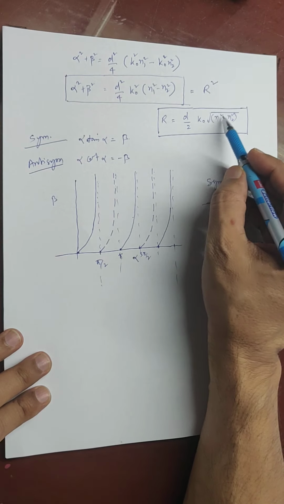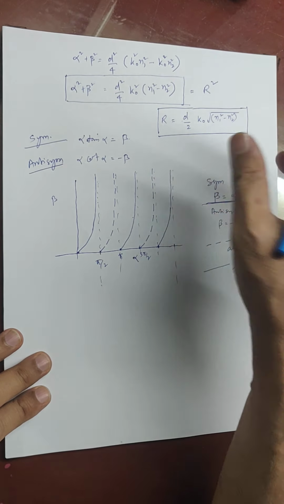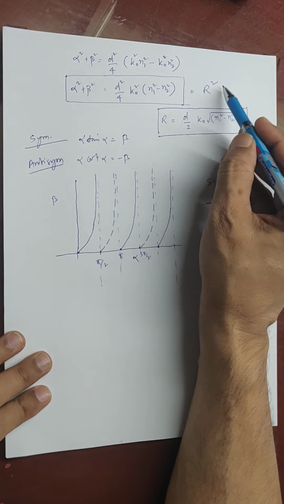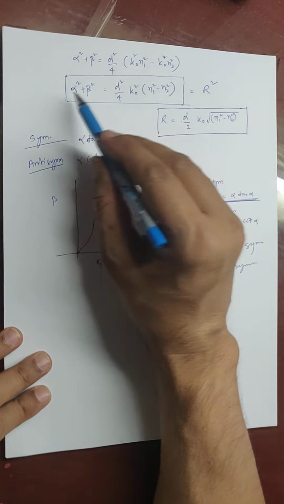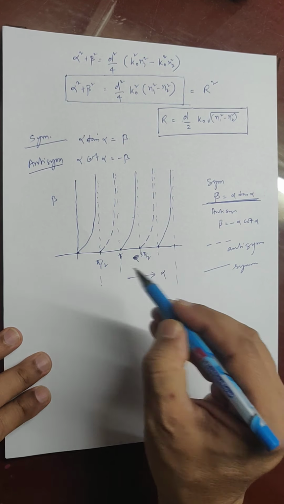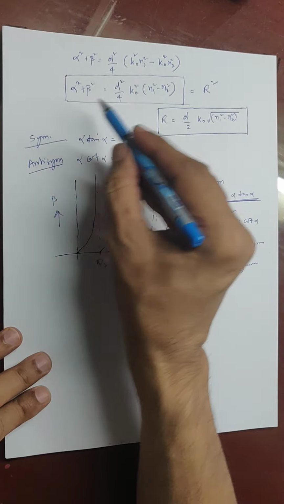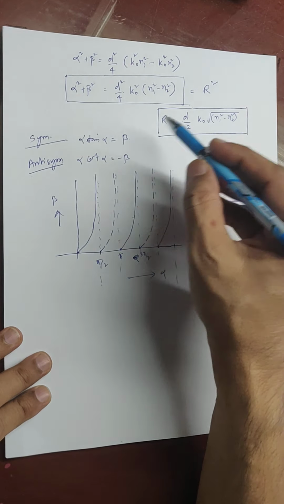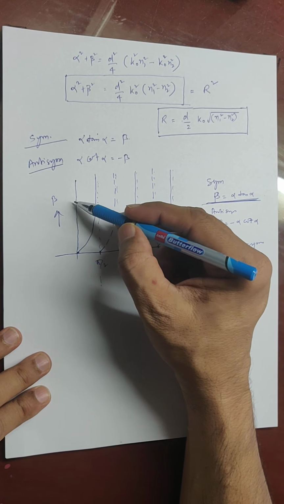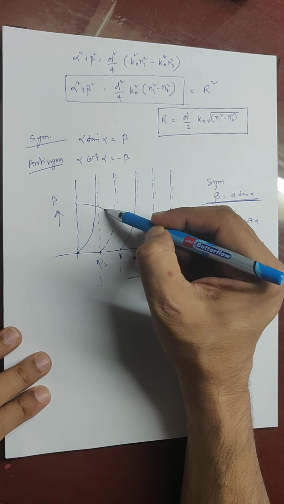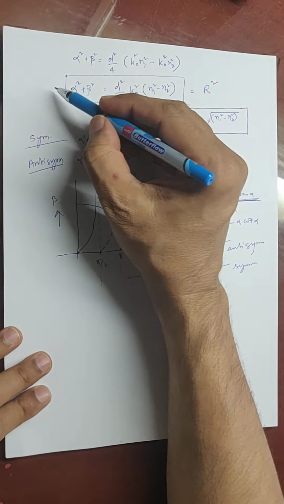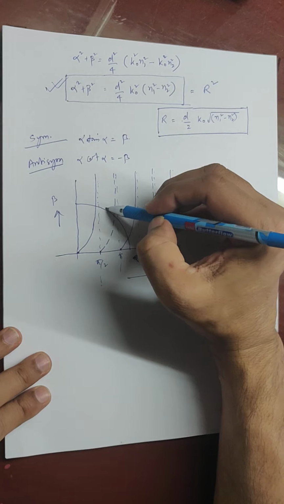So this whole thing will have a constant value, and alpha square plus beta square equal to r square, when you are plotting alpha this side and beta this side, on this graph would be nothing but a circle. So a circle would be drawn like this. Okay, so this is the circle.